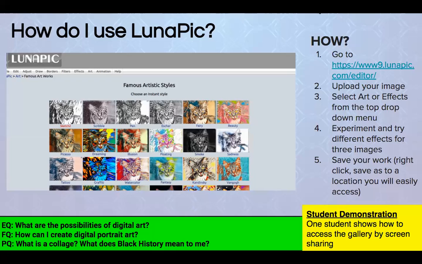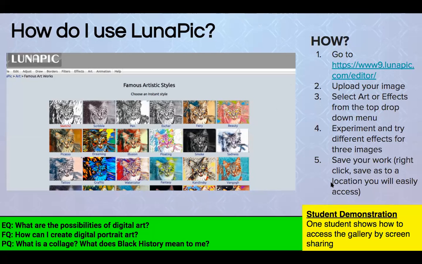Thanks, guys. So now what I'm going to do is actually just walk you guys through an example. So the first step that you guys are going to do is find your 3 photographs of who you'd like to use for this project, thinking about your idea of Black history. And then you're going to upload your image. You're going to do them one at a time to LunaPic and experiment with different artistic filters.